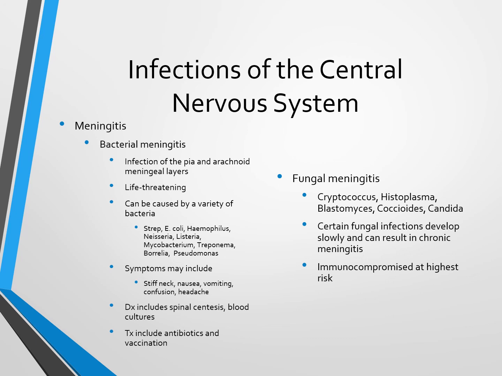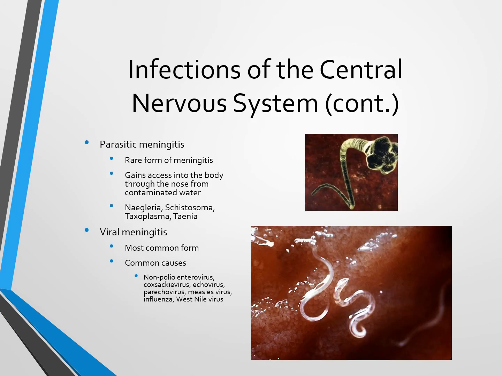And then our friends that have immunocompromised situations are going to be some of those that are at highest risk. Two other types of meningitis are parasitic meningitis and viral meningitis. Viral meningitis being the most common, parasitic meningitis being the most rare.